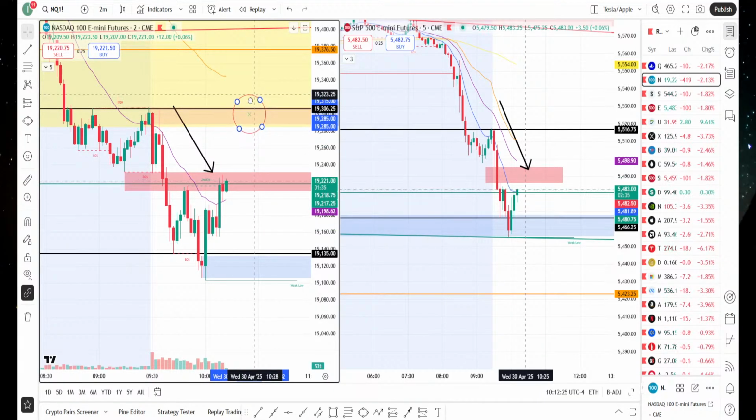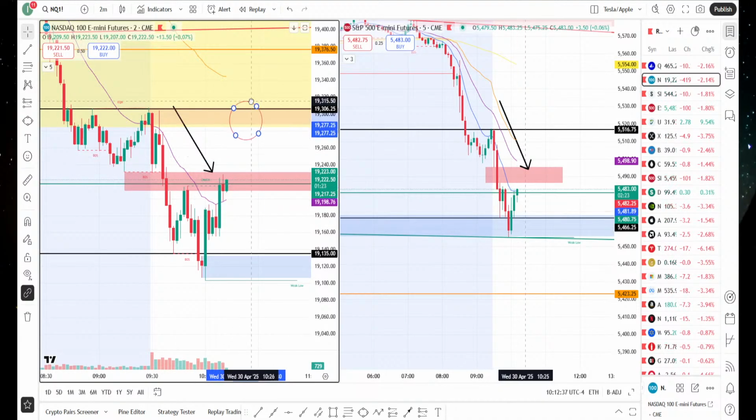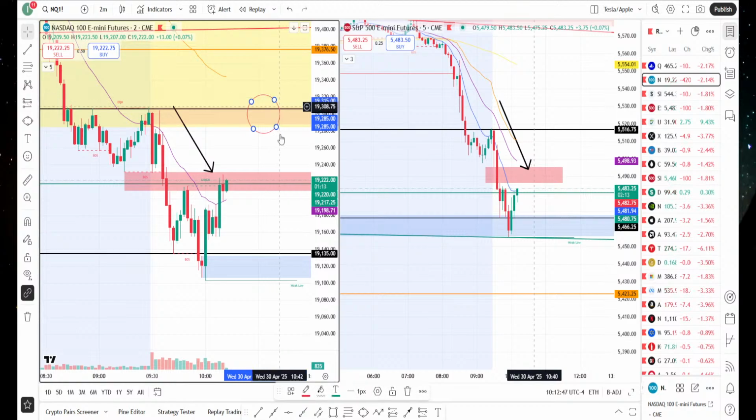I might get played here, so I'm not even going to. I don't even care if it puts the prettiest red candle that I've ever seen. I'm waiting for here. That's what I'm doing.